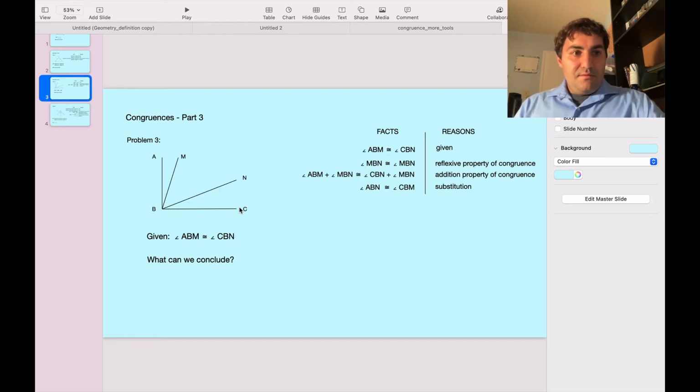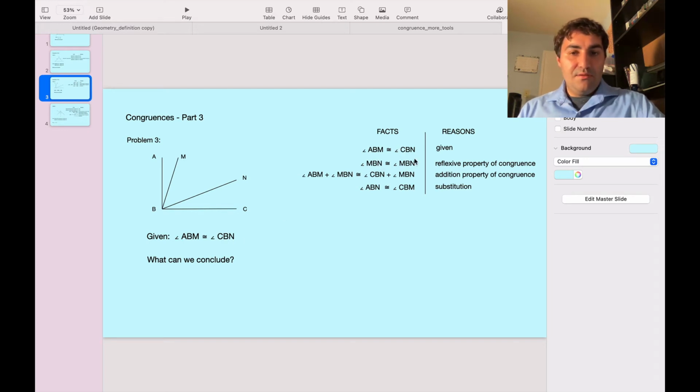Let's go over this problem here. We're given that angle ABM is congruent to angle CBN. What can we conclude from this? So we write down what we're given. Angle ABM is congruent to angle CBN.